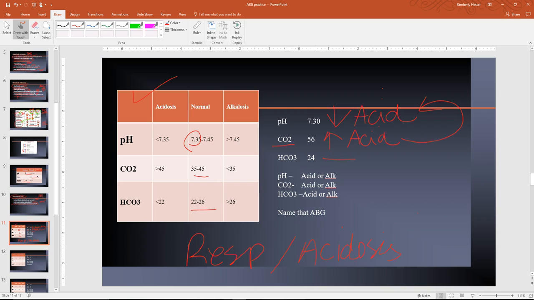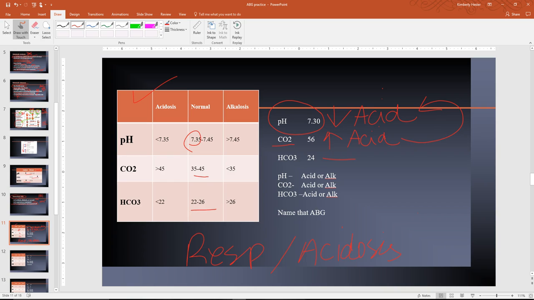Now, if we talk for a quick second about compensation. Compensation can be confusing, but compensation is actually pretty basic. If you want to know if something is compensated, your pH level has to be within normal limits in order for an ABG to be compensated.